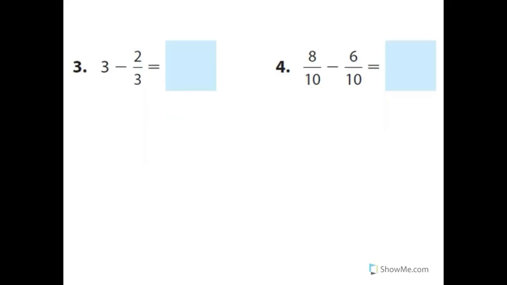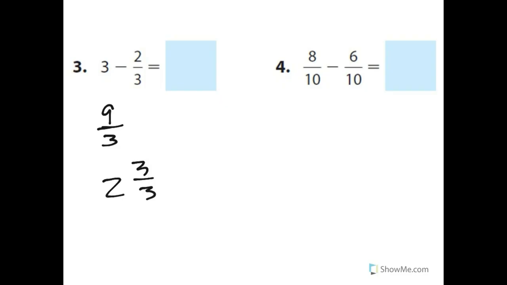Alright, hey, number three can be a little confusing because it's 3 instead of just 1. So we can do two things. We can either have 9/3, because 9 divided by 3 is 3, or we can have 2 and 3/3.